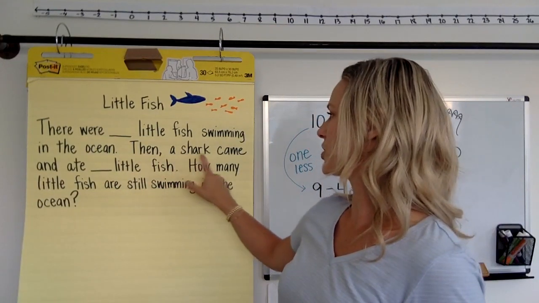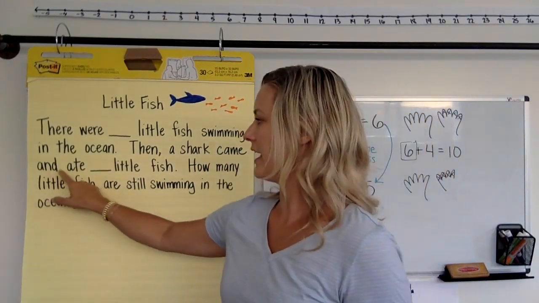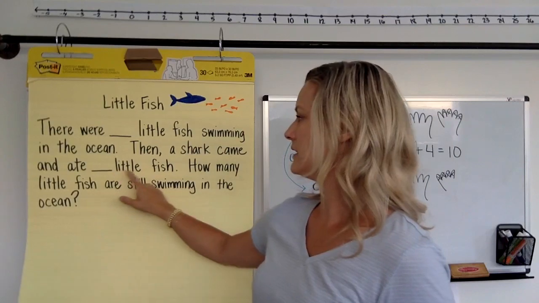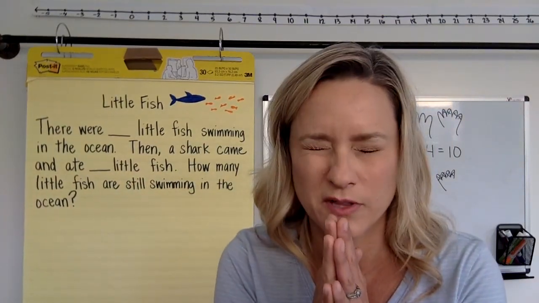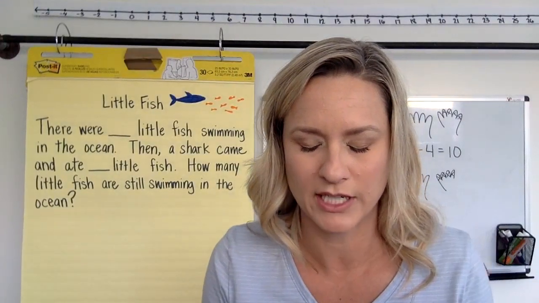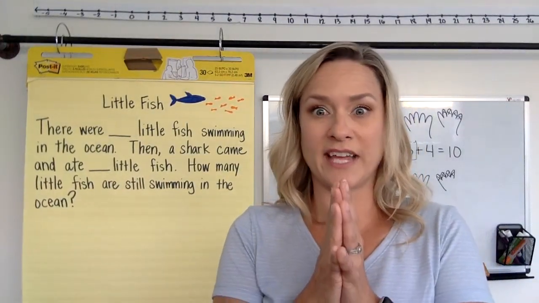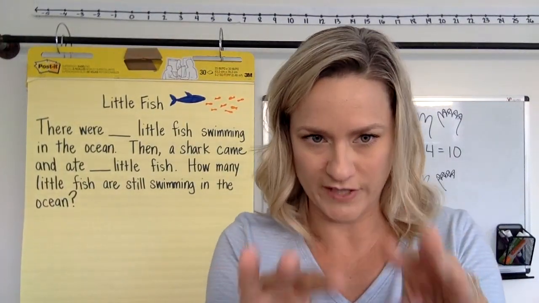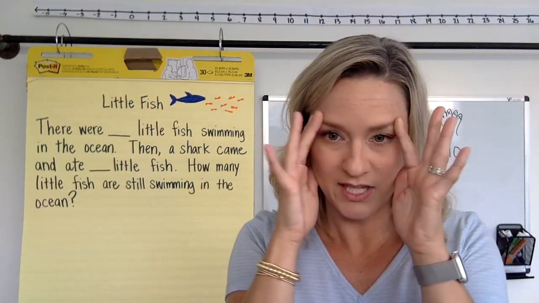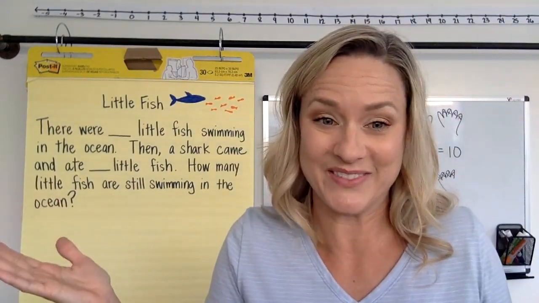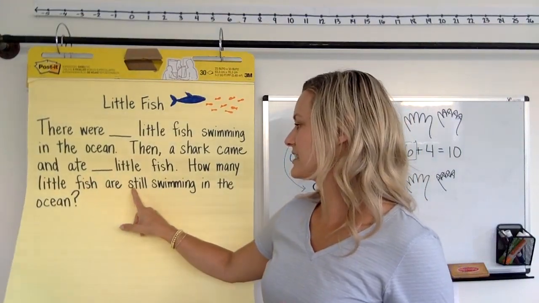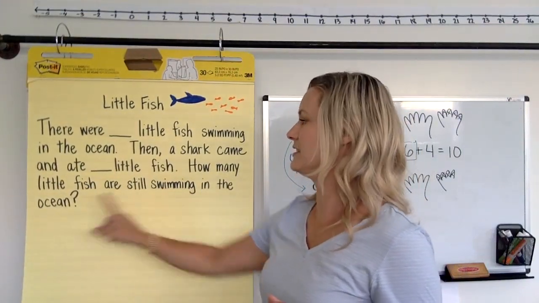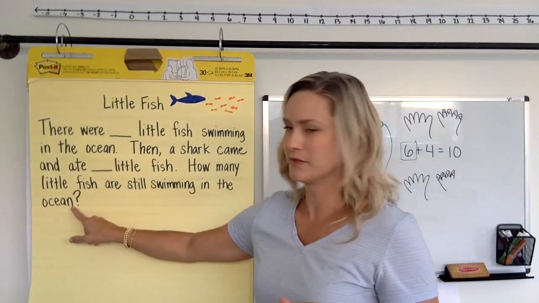Then a shark came and ate some little fish. Okay, so far we know there were some little fish swimming in the ocean, and then the shark came and ate some of those little fish. Oh no, but it's a cycle of life. How many little fish are still swimming in the ocean?